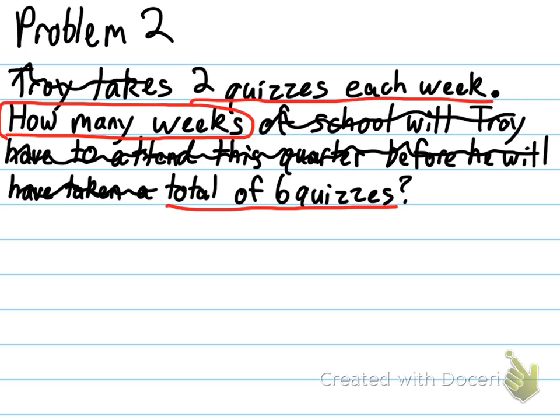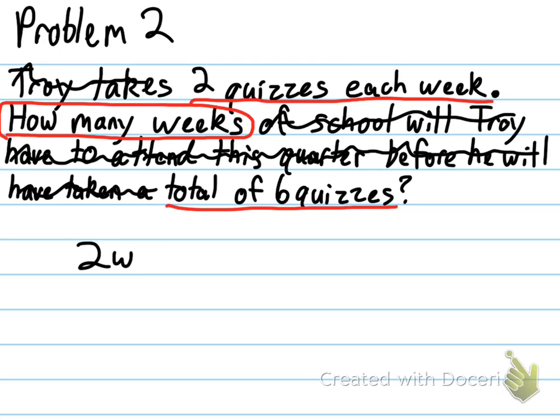Okay, so I went ahead and underlined and circled everything I thought was important. As you can see, there's a lot in there that we don't really need. So we know he takes 2 quizzes each week, and we're trying to figure out how many weeks it will take for a total of 6 quizzes. So we're going to do 2 times W, or we can just call that 2W.